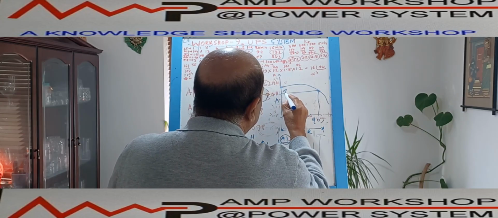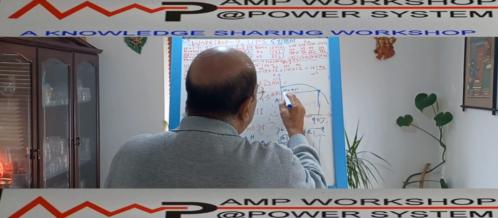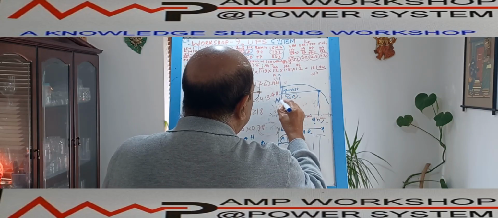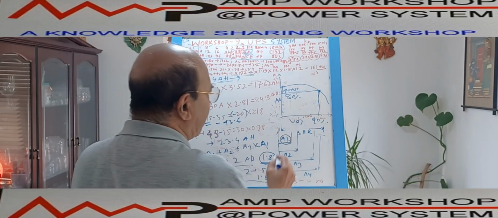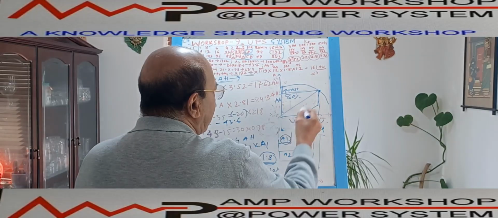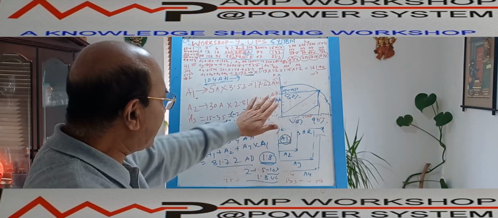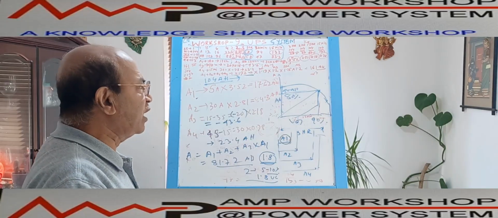This is your 90% of the voltage, and at this point it will deliver 80% of its capacity. This side is the capacity, ampere hour. After that it cannot deliver the rest of the power. It will deliver only up to this amount. So that 20% delivery which it cannot do, I have to consider in the discharge factor.